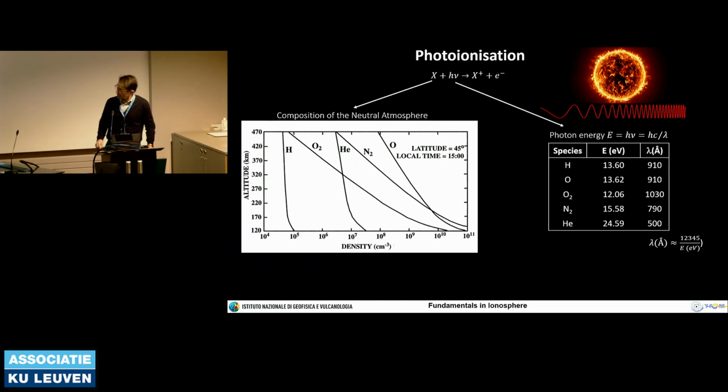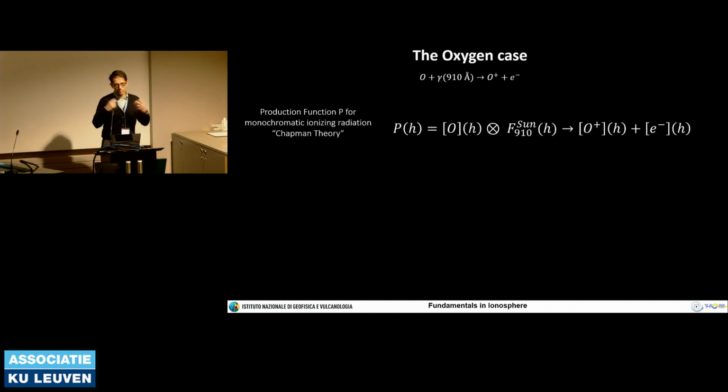Okay, that's good. So let's put ourselves in a simple case. We have just an atmosphere made of oxygen. We need a photon with a wavelength of 910 angstrom to produce an ionized O plus and an electron.